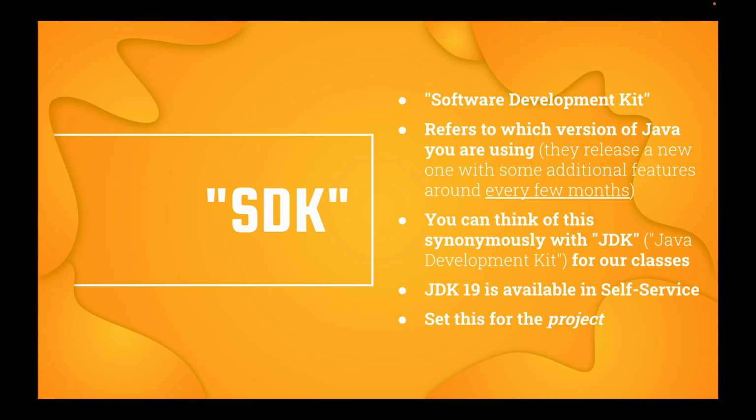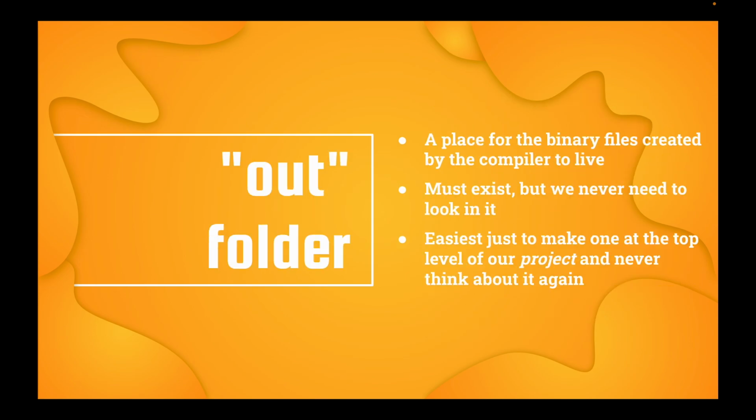And so we just want to make sure that we're using a recent version of Java and that you know which one it is. We make them available in self-service. So right now JDK 19 is available in self-service, and they're available online as well. But basically you set the version of the language that you're using at the project level, and then you never have to think about it the rest of the year. If you set it there, all of your modules use the same SDK level.